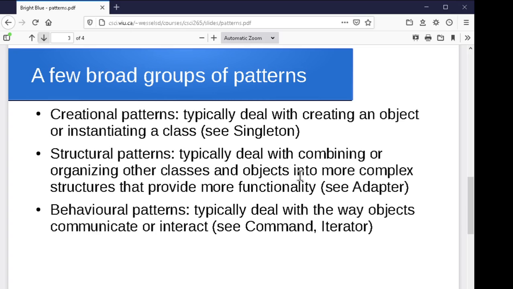Or we might look at behavioral patterns, where the pattern deals with the way two different objects communicate or interact with one another. We'll look at iterators in a moment, or the idea of command patterns. So there are broad categories of pattern as well as the specific individual patterns that we'll play with.